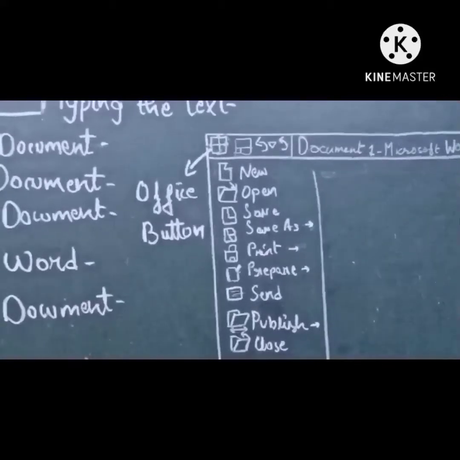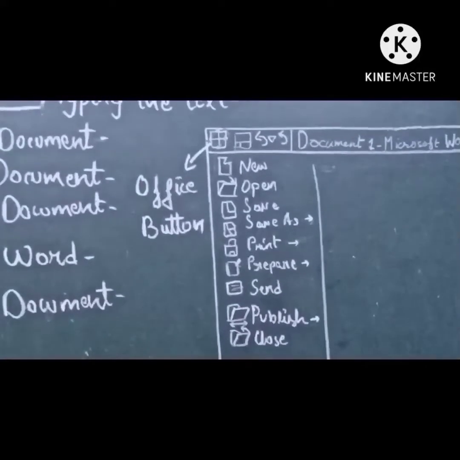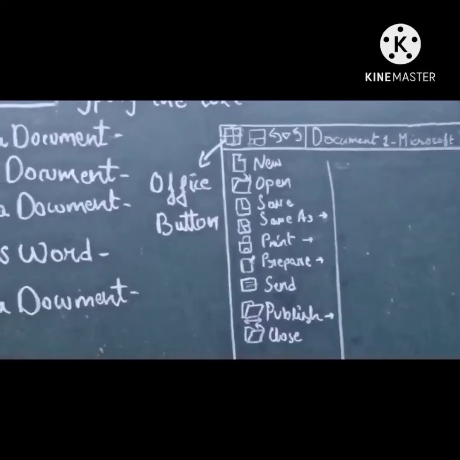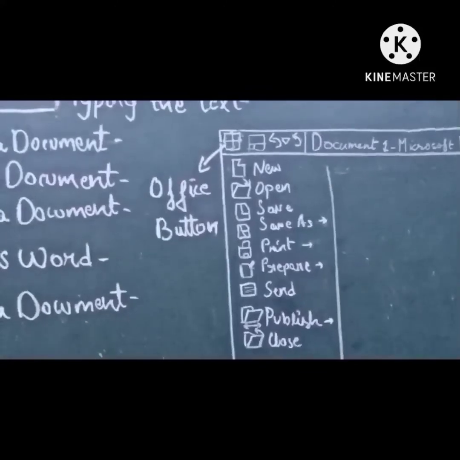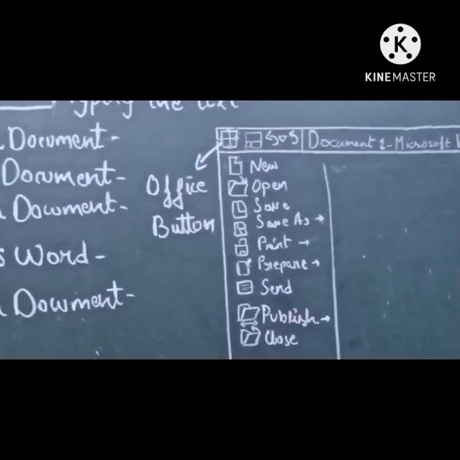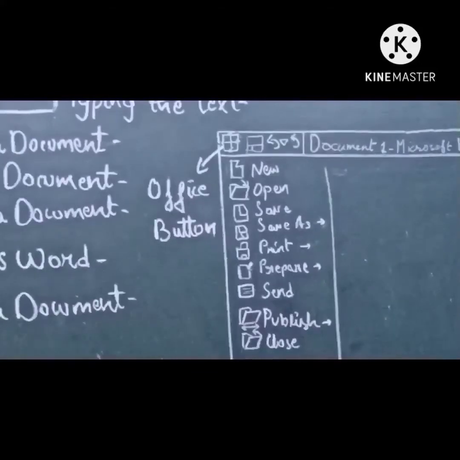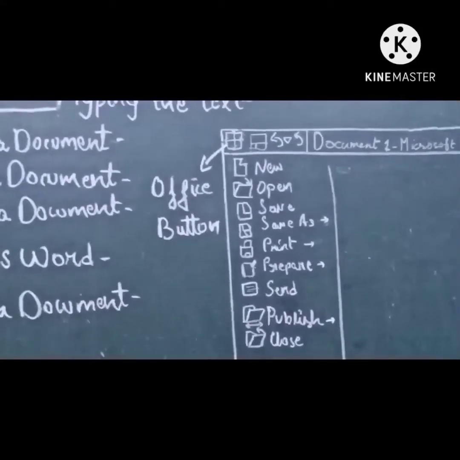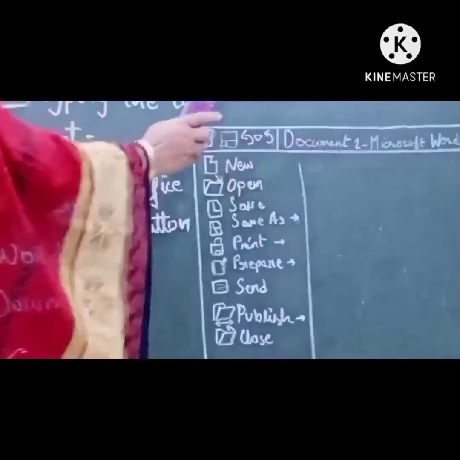You have to select the blank document option from the blank and recent section and click on the create button. Children, when you click on the create button, the new document opens. The new document will open by the name of document 1.